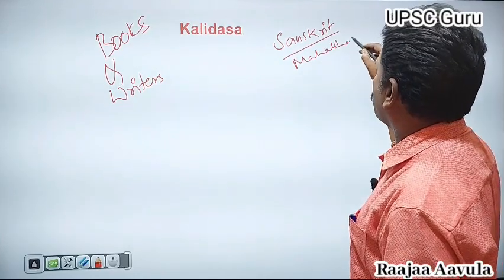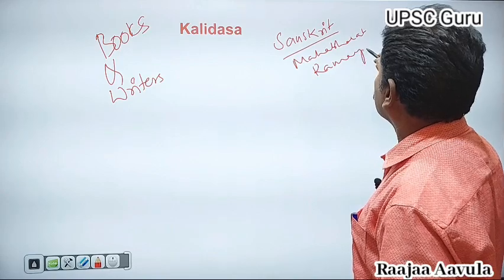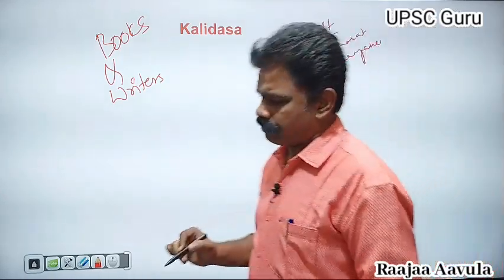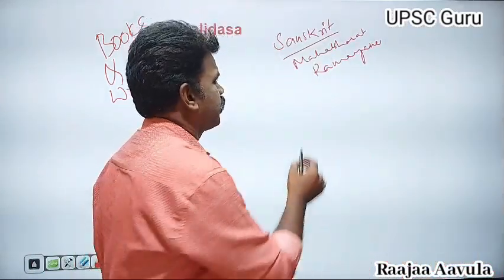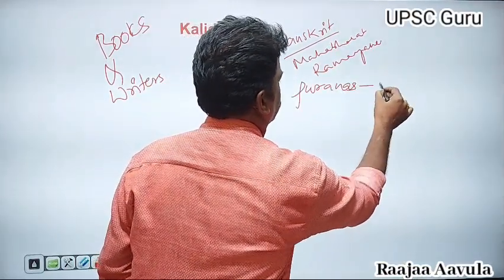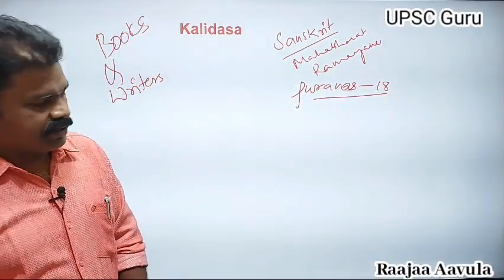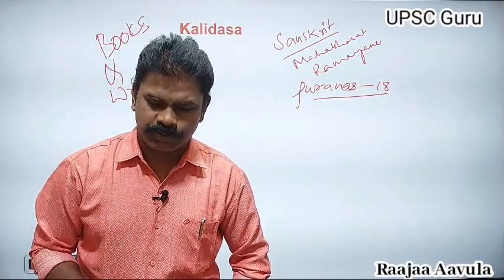Already we discussed Mahabharata, Ramayana, and Puranas. All 18 Puranas were completed by the Gupta's period.